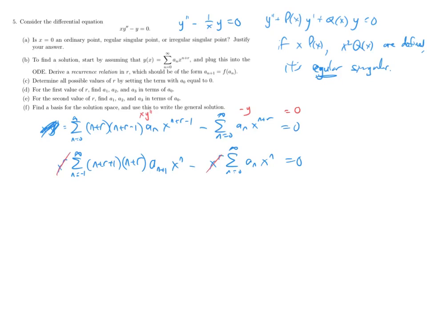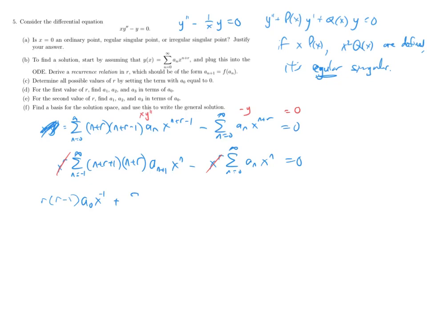So the first term happens when n equals negative 1, we have r times r minus 1 times a naught times x to the negative 1.